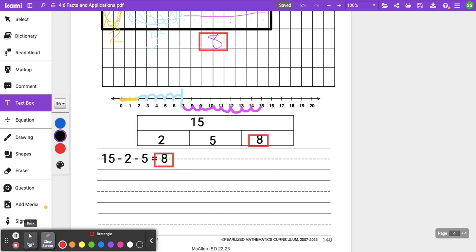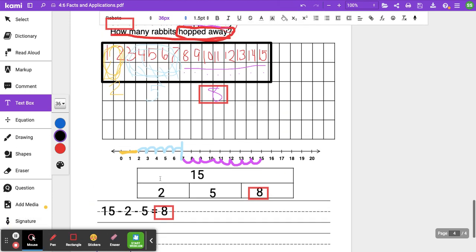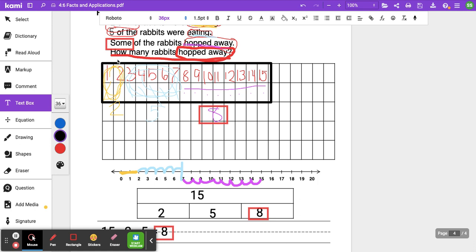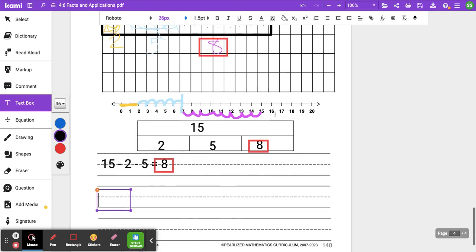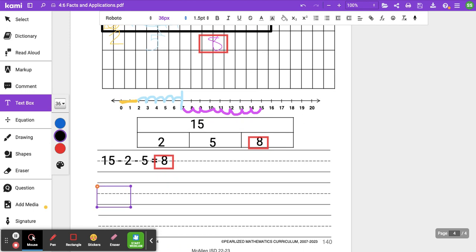Let's put in our sentence for our answer. Go back to the question and look at it. Read it to me, class. One more time. How many rabbits hopped away? So here where it says how many are question words, we want to put in the answer. Okay? What was the answer? 8. 8 rabbits were eating?